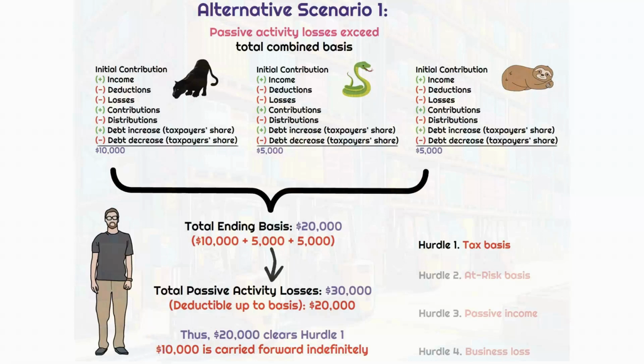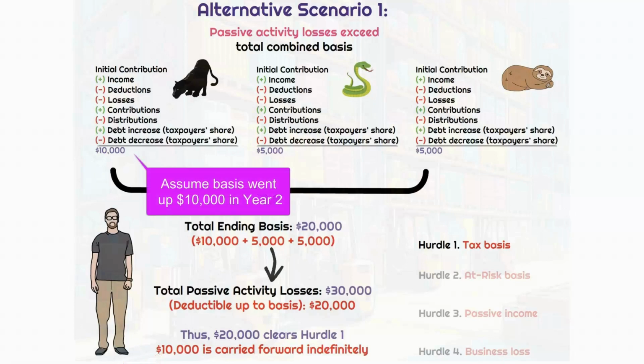But what happens to the other $10,000 that exceeded his basis? That is going to be suspended and carried forward indefinitely until Eli has more tax basis to offset that remaining $10,000. Okay, so let's say that next year Panther had a better year and they had $10,000 in income.